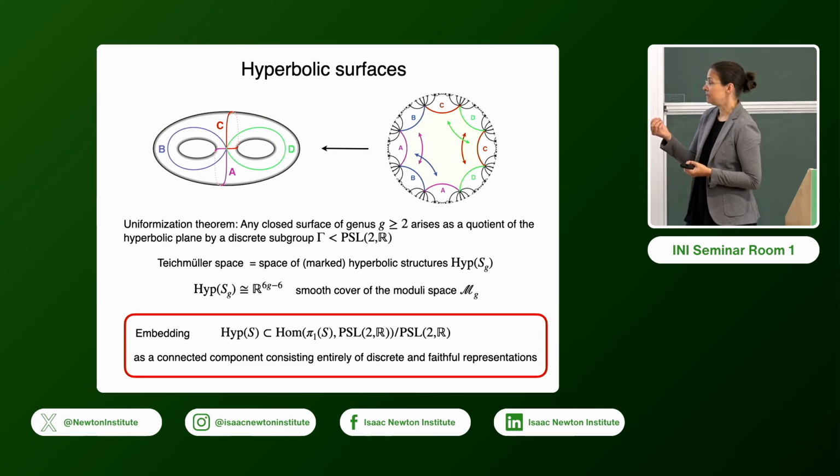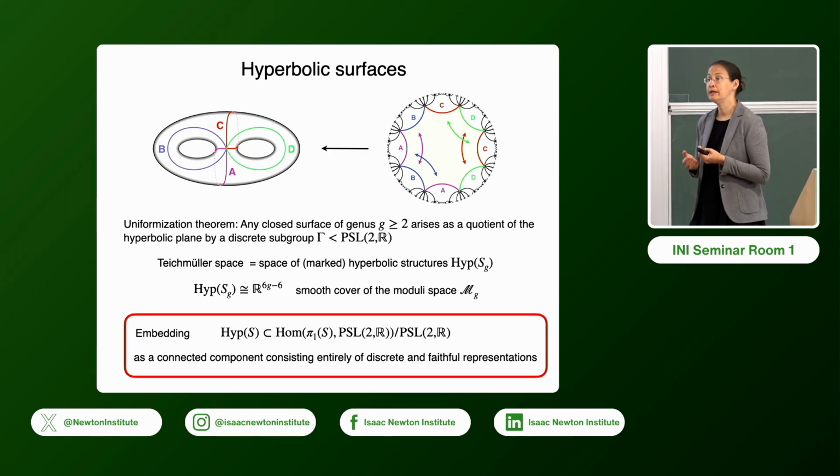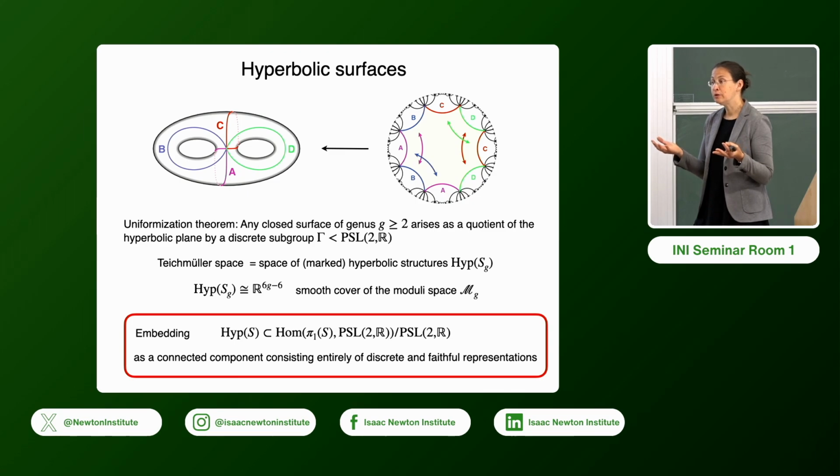Teichmüller space parameterizes it together with a marking, so that we get a nice ball, a nice vector space, really a nice smooth manifold. And in moduli space, we forget the marking, it just parameterizes hyperbolic structures, and so it's a bit more ugly to look at.